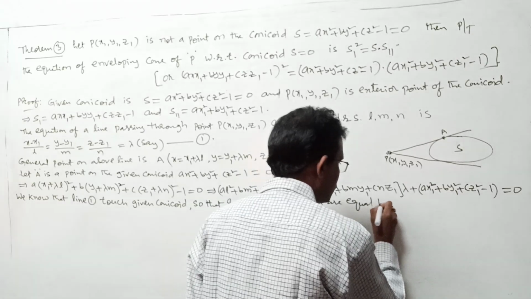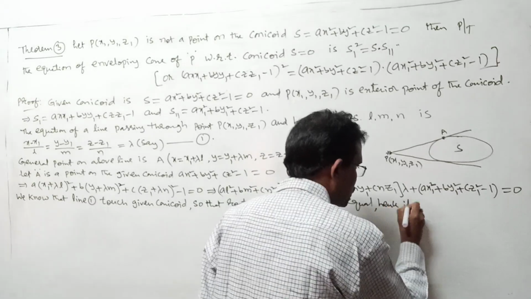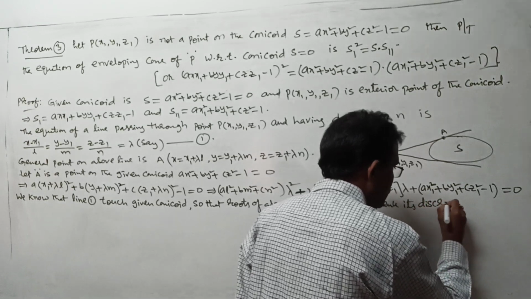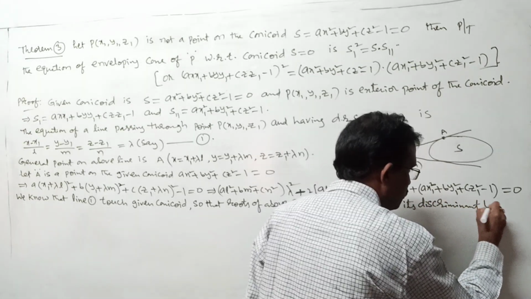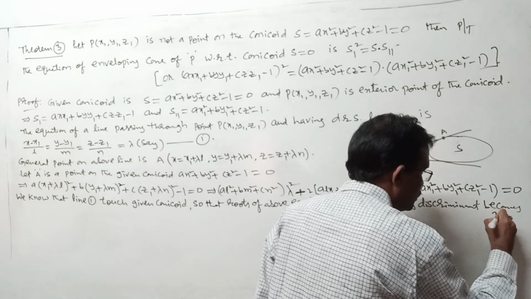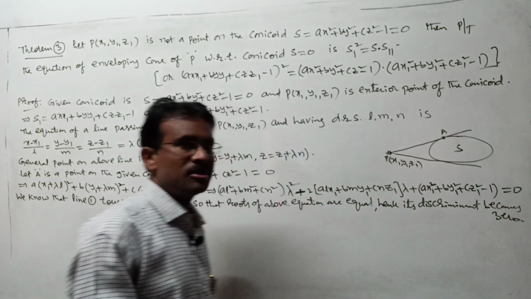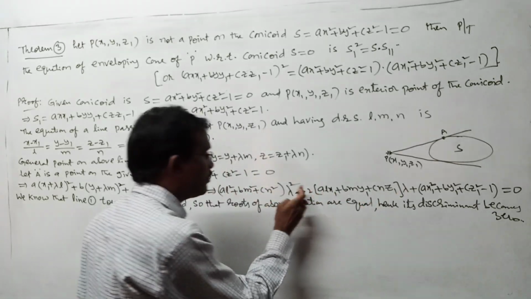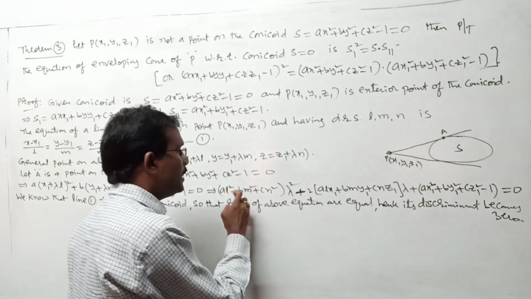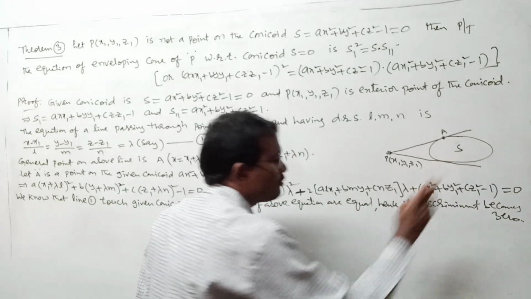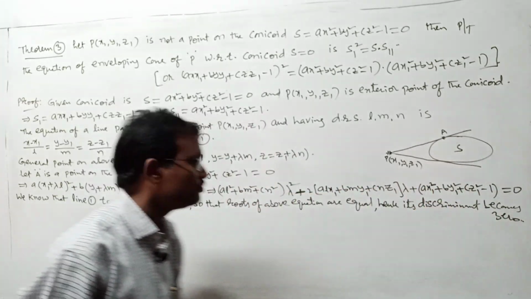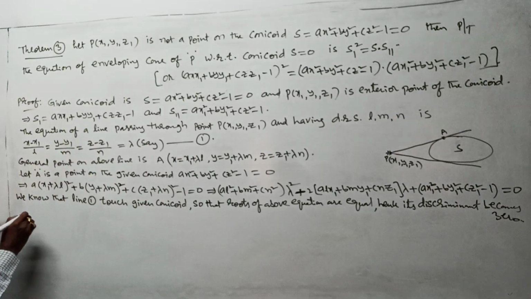Hence its discriminant becomes 0. Discriminant means what? This is in the form of a x square plus b x plus c equal to 0. Discriminant is b square minus 4ac equal to 0. Use that condition.